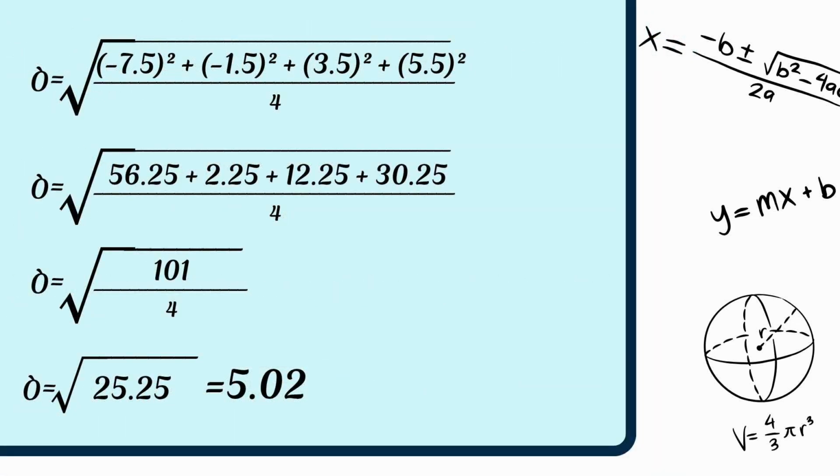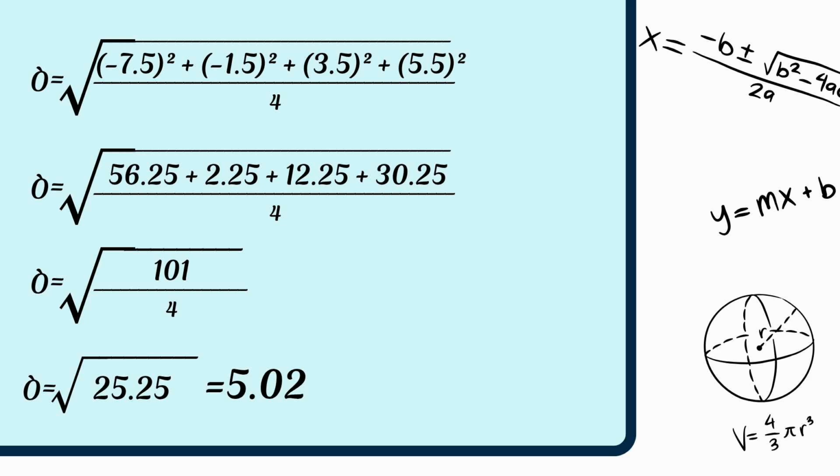Square each of these deviations. So, negative 7.5 squared is equal to 56.25. And negative 1.5 squared equals 2.25, and 3.5 squared is equal to 12.25, and 5.5 squared is equal to 30.25.